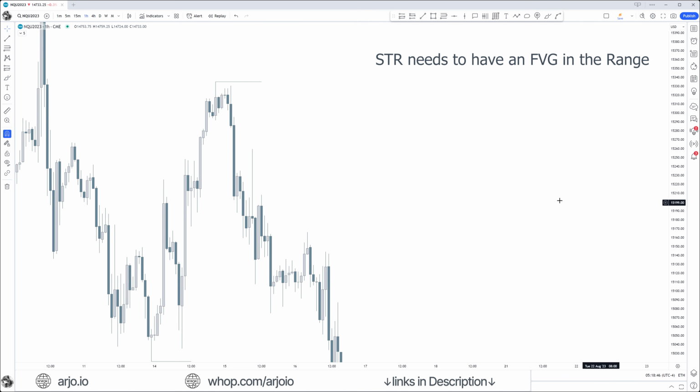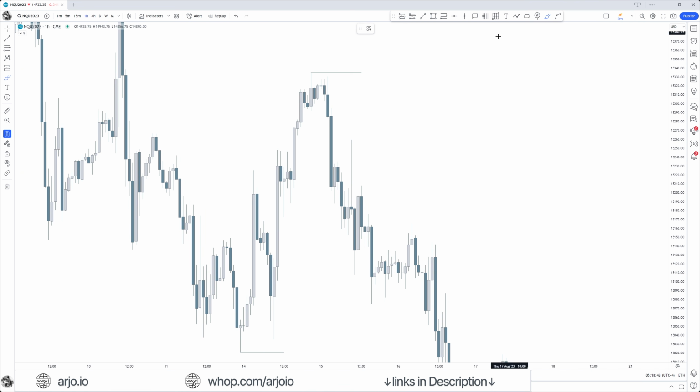So from that swing high right there to that swing low, do we have a fair value gap in that range lower? Yes, we have. So that is a short-term range, aka this high should get respected and should not get disrespected until we reach that intermediate term low we have at the bottom right there.